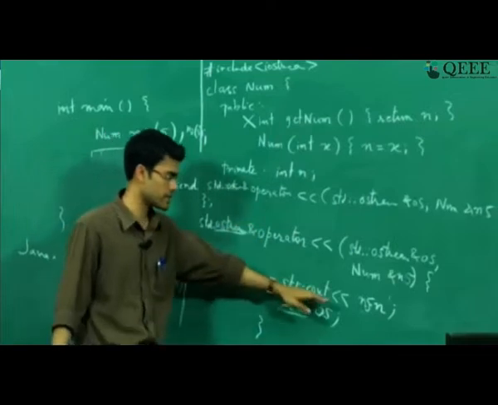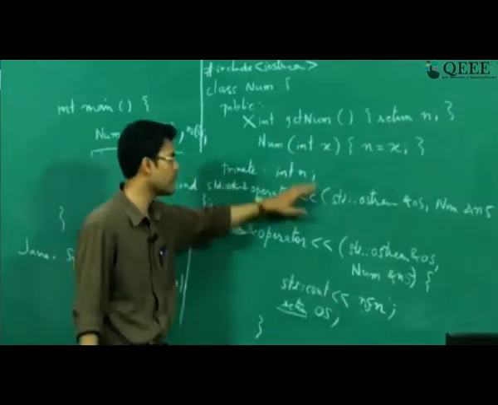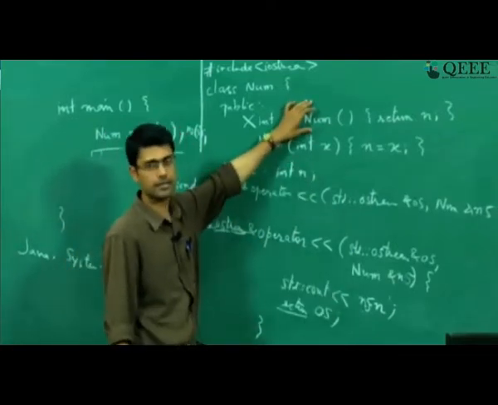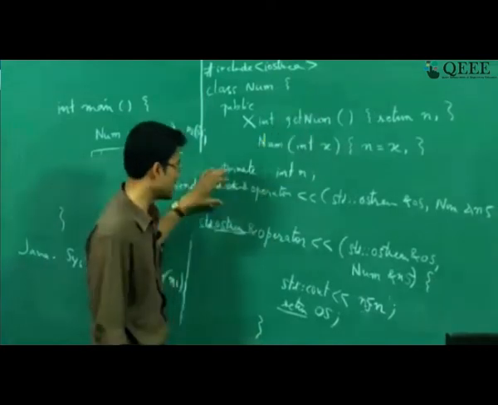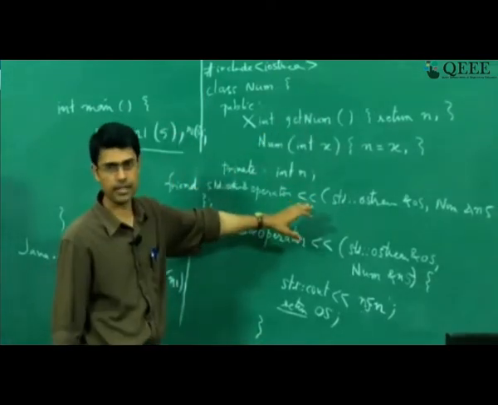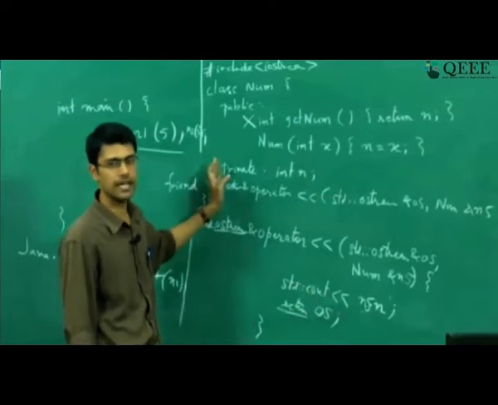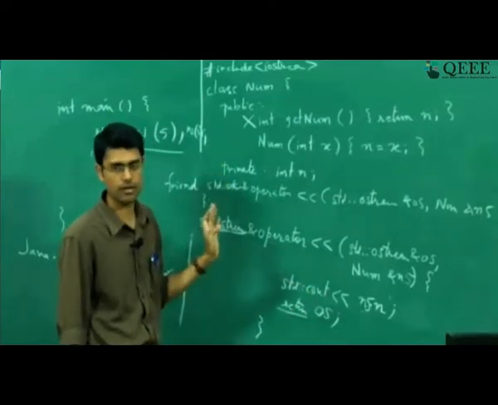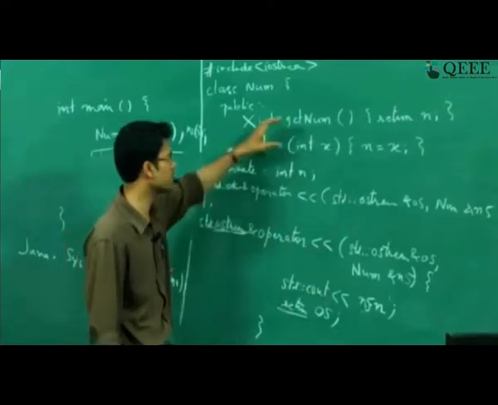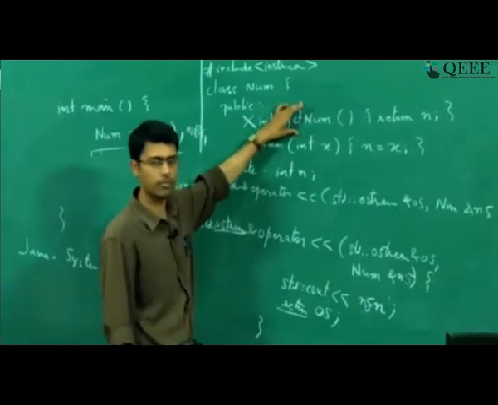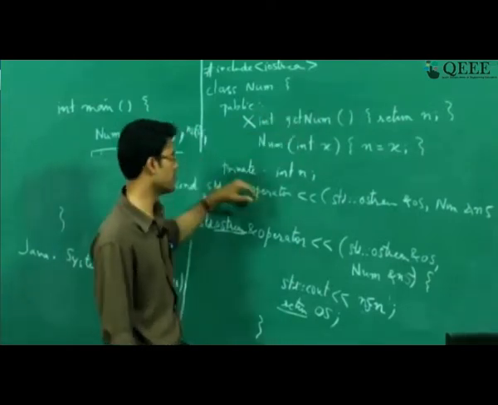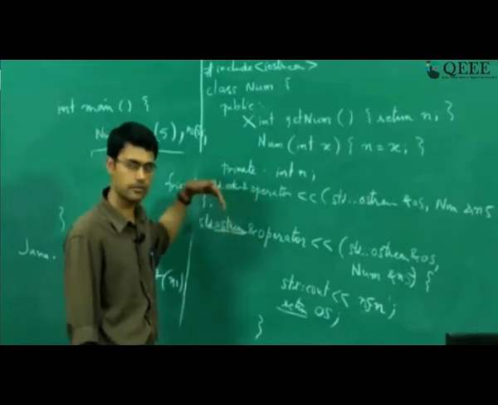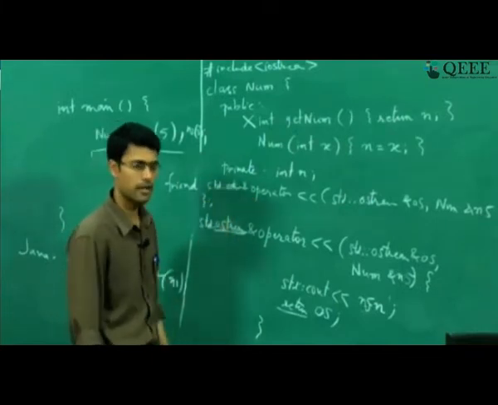If whatever information you want to print is available via the public API, then you don't really need to make this a friend function, right? So when we had getNum, we really didn't get into friend functions at all. Only when such information is not available via publicly accessible methods do you need to access this private information via friend functions, right?